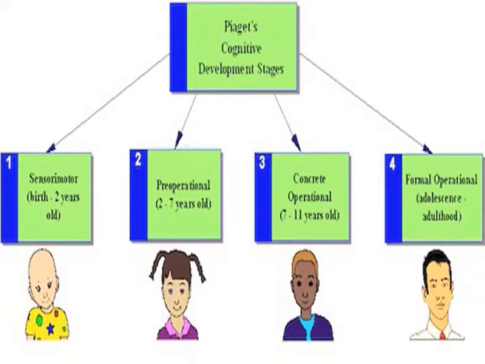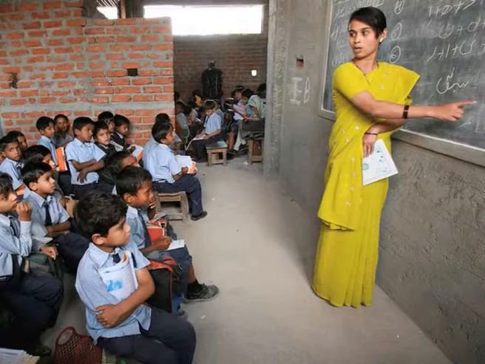The teacher needs to understand the stage of development that the individual is passing through. For the teacher to understand the child, to explain the concepts, to make the child understand, it is necessary that the teacher understand the stage of cognitive development in order to provide instruction more effectively and in order to impart learning more effectively.